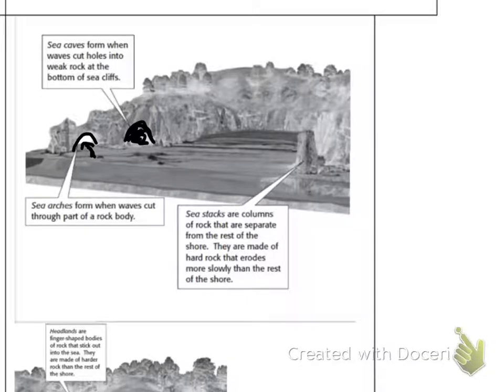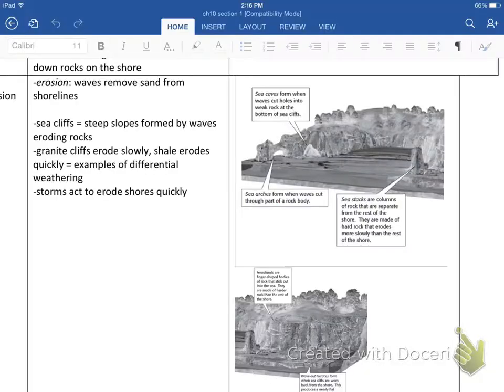This over here is a sea stack. It's like a column of rocks separated from the mainland. So you have the mainland back here, but there's space in between and there's not anything connecting them. Like the sea arch, there's a connection here. I can walk across. There can be a person up here. There can't be a person over here. The sea stack is separate from the mainland. There's also, let's see.